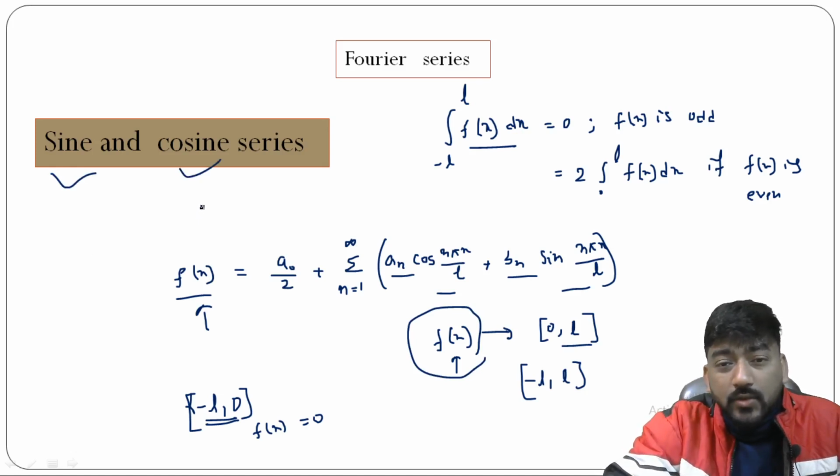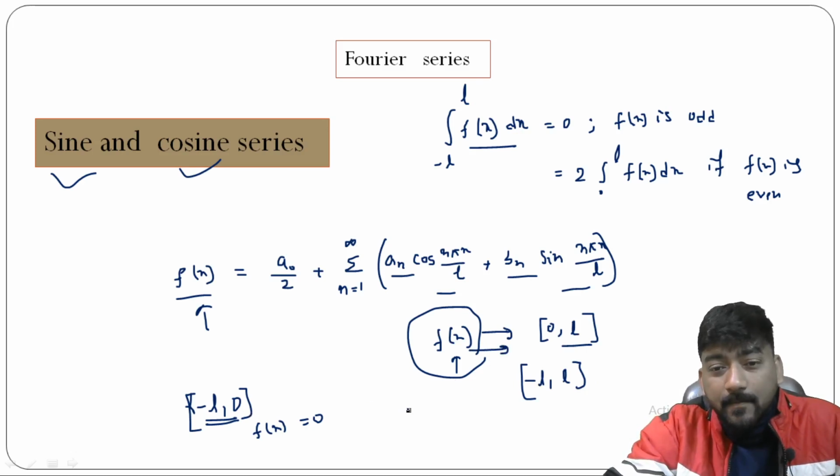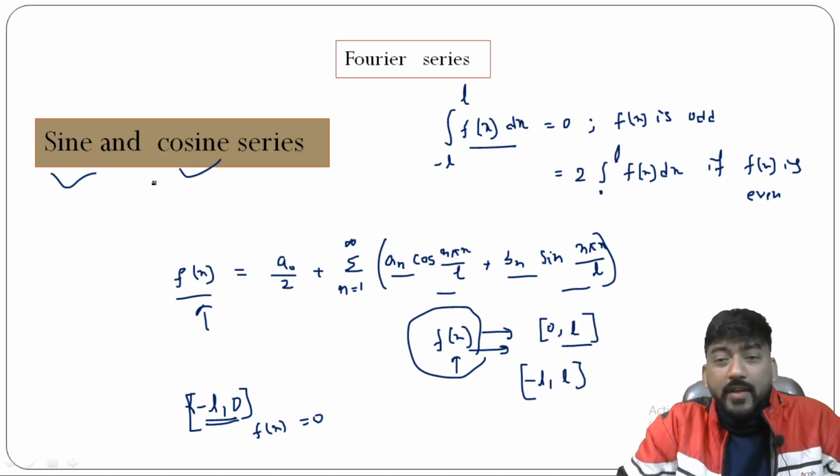So we have to fulfill two conditions. First, we have to sketch the function f(x) in minus L to 0 in such a way that in the Fourier series there will be only sine terms or only cosine terms. How can you achieve this?